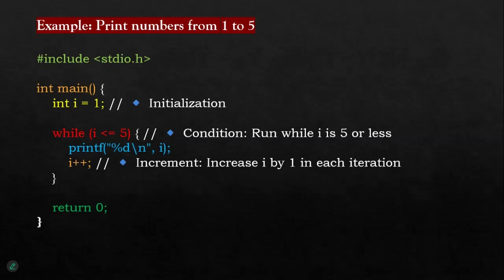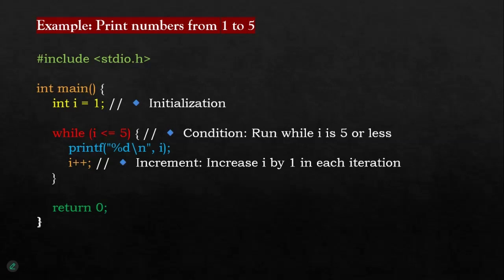In every loop you have to initialize the variable with a value before, because if there is no initialization, your loop can't run. Initialization is a must. Your loop starts from that value. So that is the initialization part.